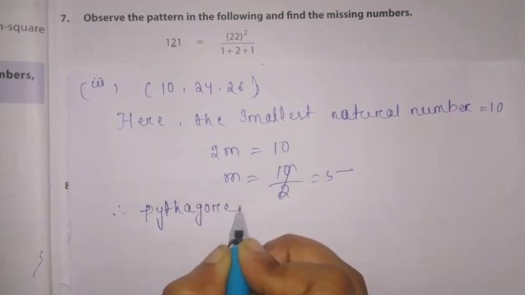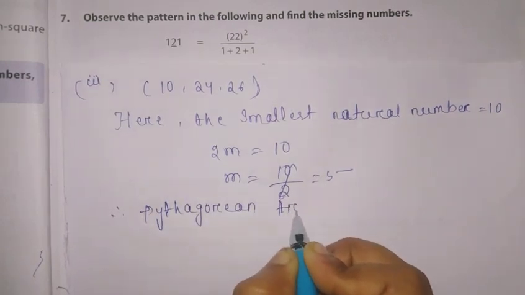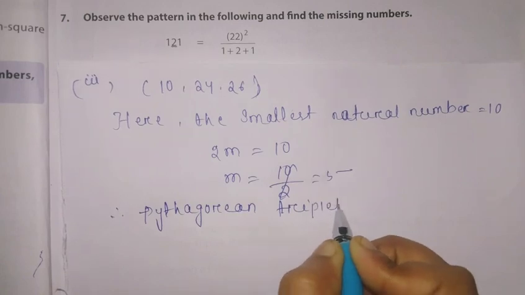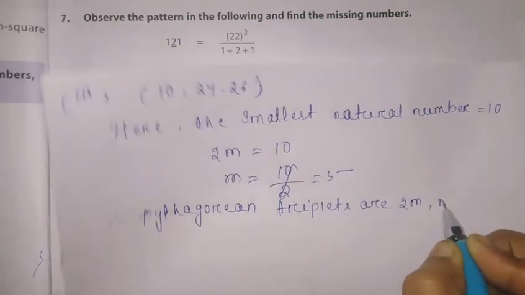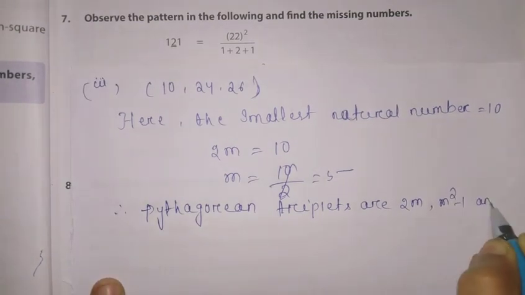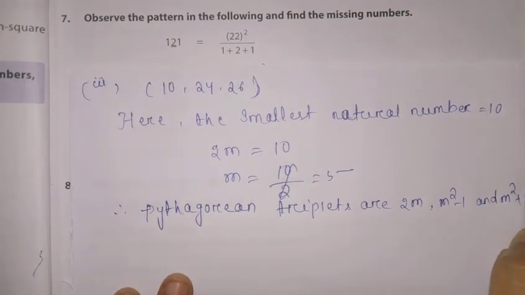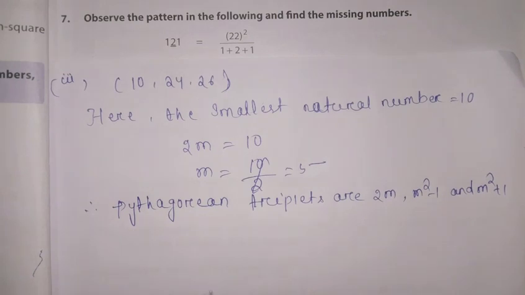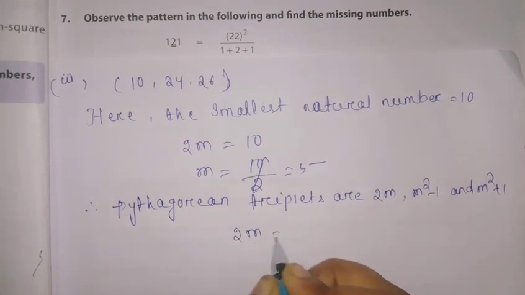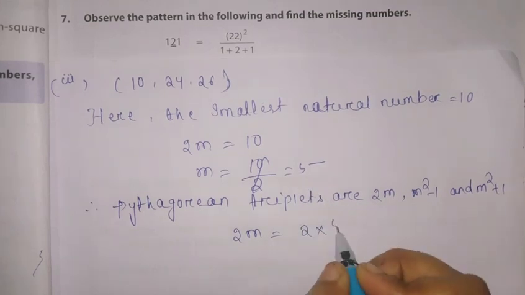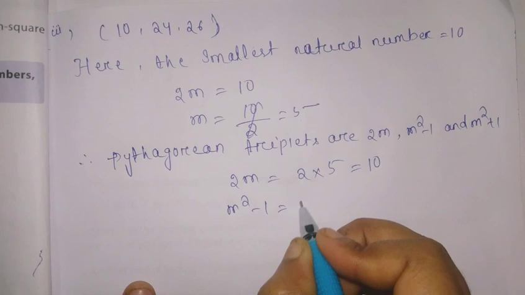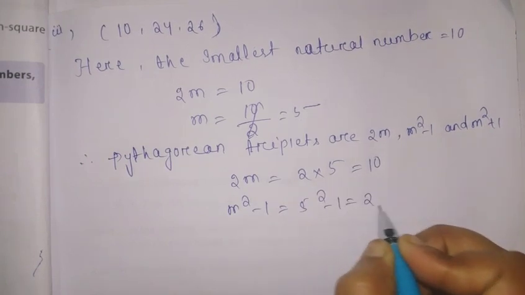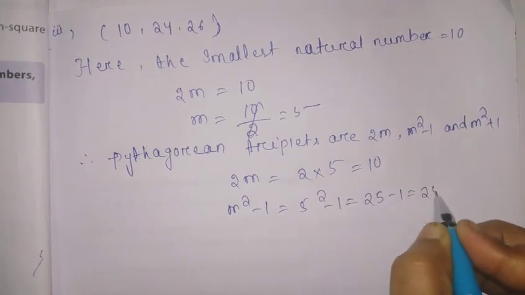Then the Pythagorean triplets are 2m, m square minus 1 and m square plus 1. Then we find 2m: 2 into 5 is 10. Then m square minus 1 equals 5 square minus 1 equals 25 minus 1 equals 24.